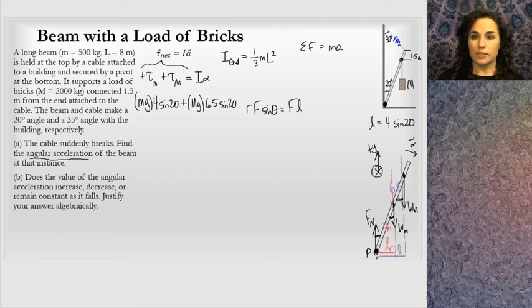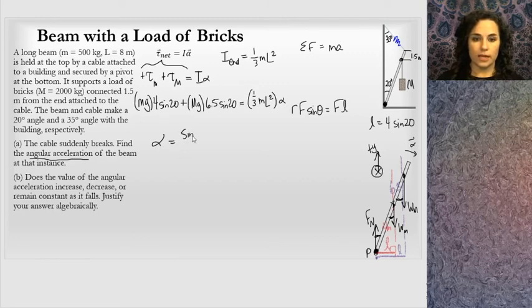I am going to set that equal to, let me move this out of the way, I alpha, which I know is 1/3 L squared times alpha. So there's my equation. I see there's a sine in both those terms. I'm going to solve for alpha very quickly here.